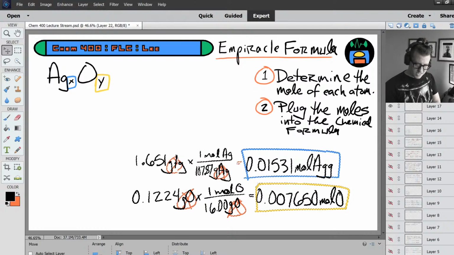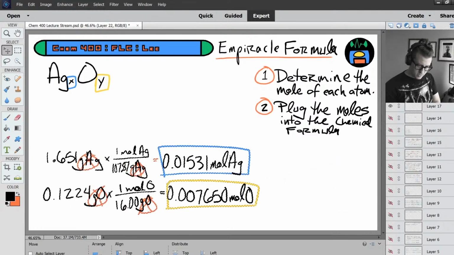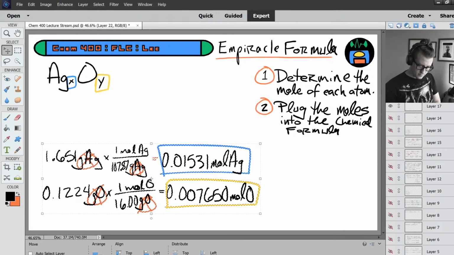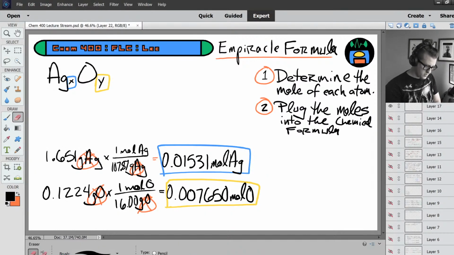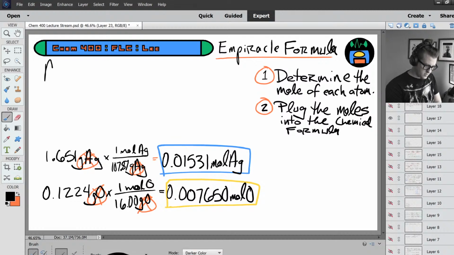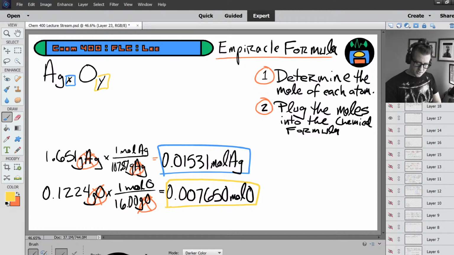All right, so we're going to take, actually, I need to open a new slide for that. So we're going to take these two values and plug them in.